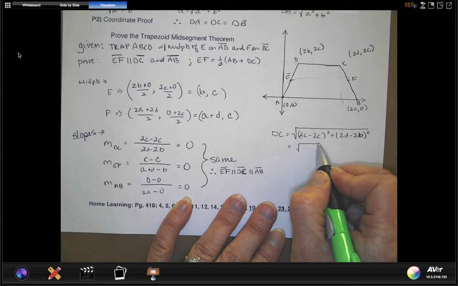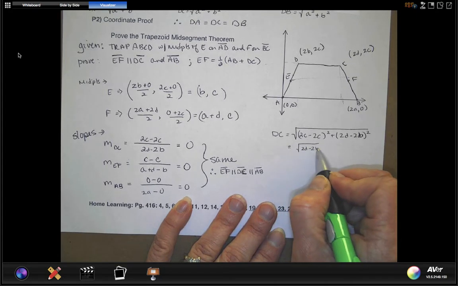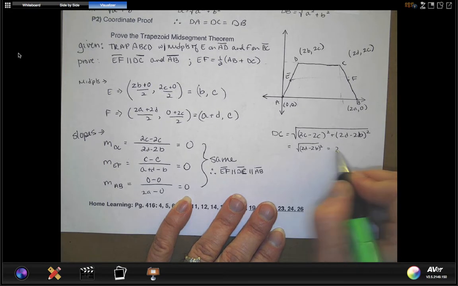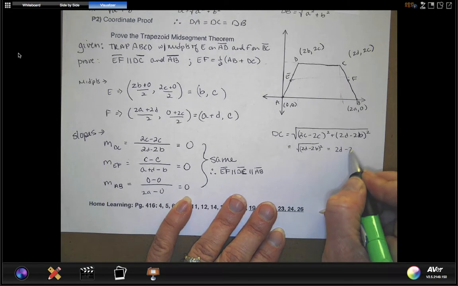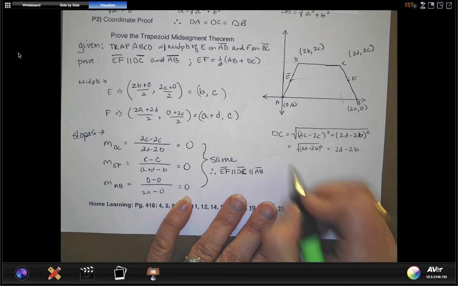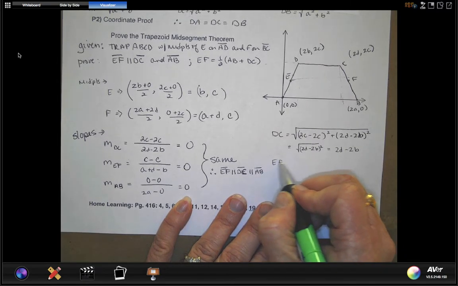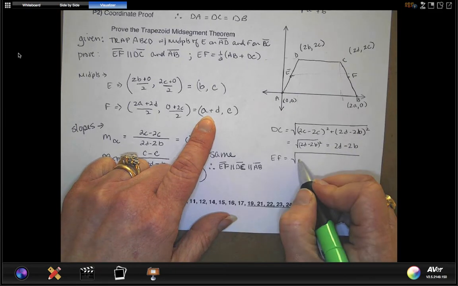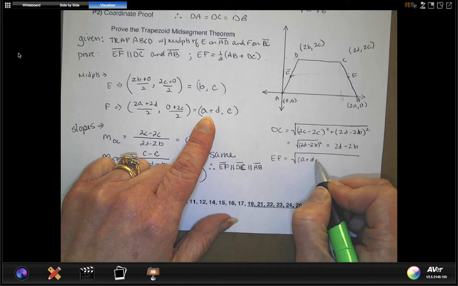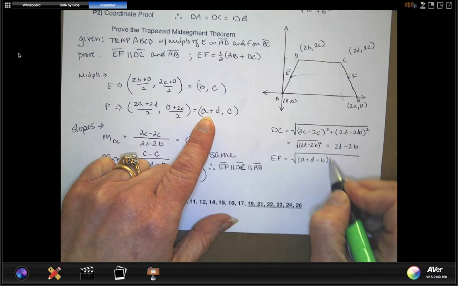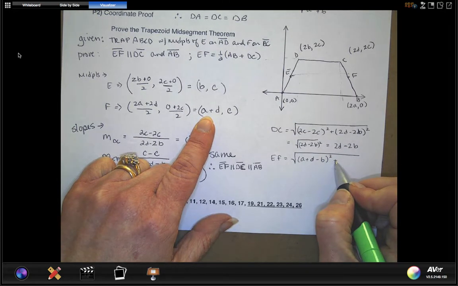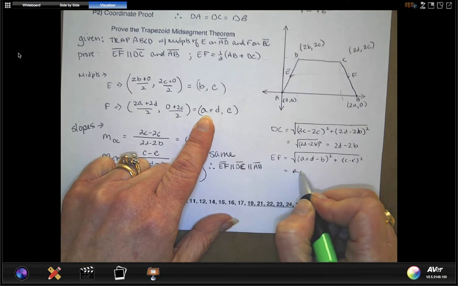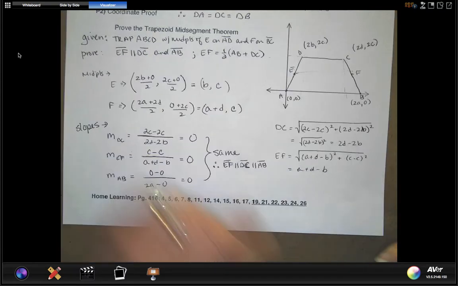This you end up with 2D minus 2B squared, which is just equal to 2D minus 2B. EF, so I'm going to do A plus D minus B squared plus C minus C squared. So here I'd get just A plus D minus B.